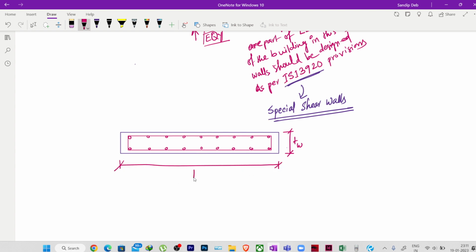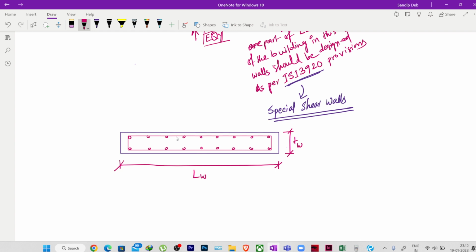Now this wall, if it is designed as per IS 456 provisions, just as a normal plain concrete wall, then it will be just a shear wall. We can call it a shear wall, because it will have some stiffness to provide resistance against the lateral forces.